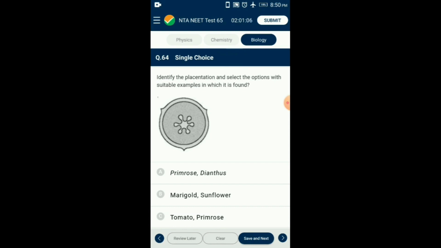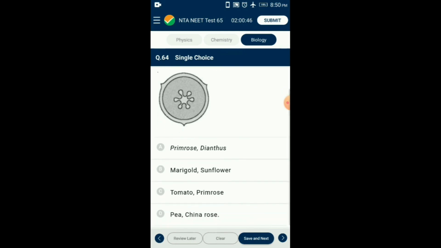Parietal placentation: here ovules are attached to the inner part of the ovary. The ovary is one chambered but later becomes two chambered due to the development of a false septum. Example, mustard or Argemone. Basal placentation: here a single ovule is attached to the base of the ovary. Example, sunflower, marigold. Last one is free central placentation: here ovules are borne on the central axis and the septa or partitions are absent. Example, primrose, dianthus. So the answer for this question is option A, primrose, dianthus.